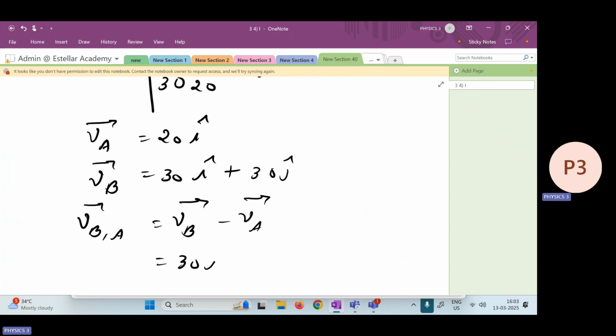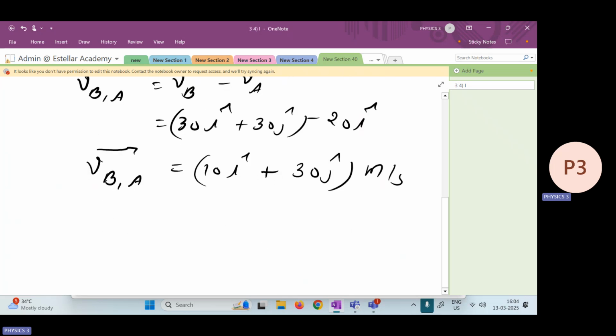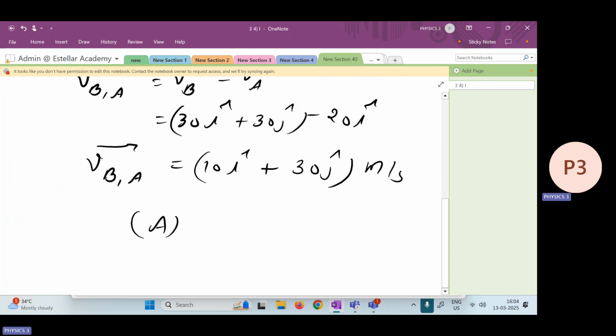That would be 30 i cap plus 30 j cap minus 20 i cap. So VBA comes out to be 10 i cap plus 30 j cap meter per second. So A option would be correct. Now let's go for the next question, the 35th question.